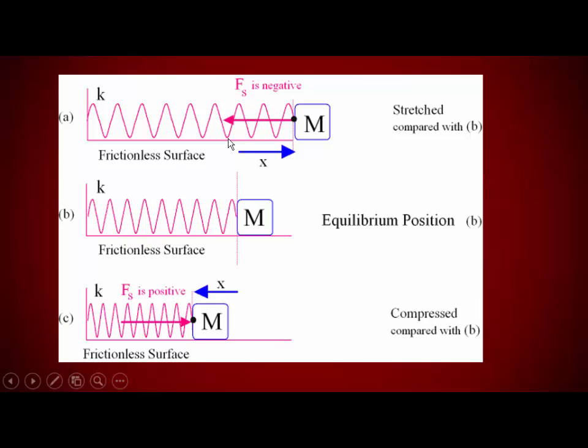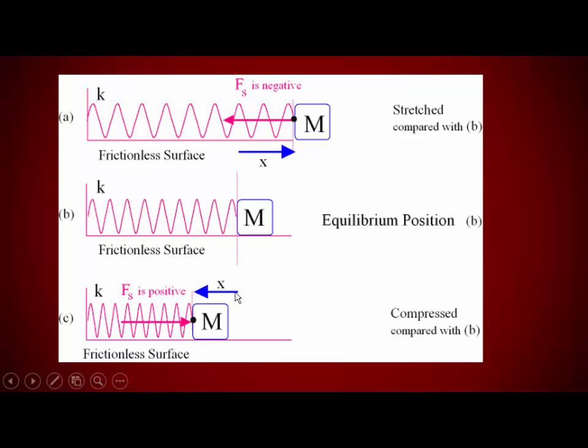If I extend this spring outwards in this direction, we're stretching it. This middle part is the equilibrium. The force of the spring is going to be in the opposite direction as the stretch because it wants to pull this block, this mass, back to this center spot. Same thing with the compression. If I compress it past equilibrium, now the spring force is going to act in a direction opposite of that.